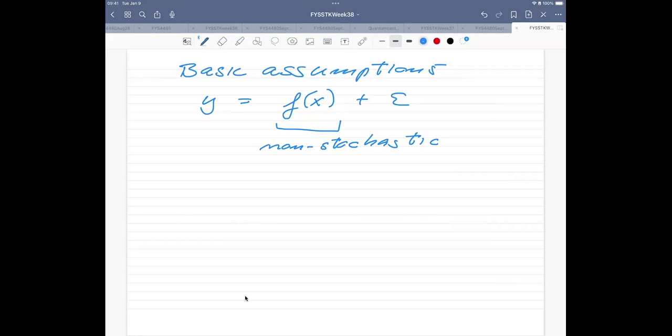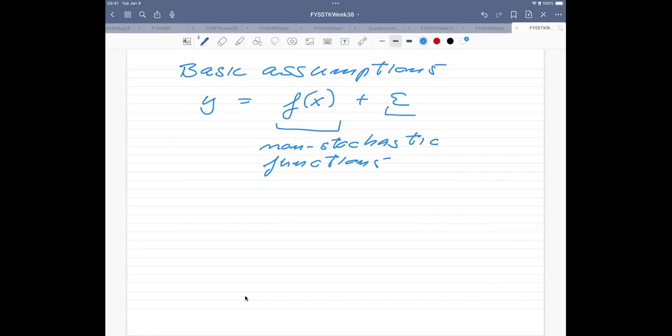Now, you will assume that time, which you have then as a variable, is not a stochastic variable because you can fix time when you make the measurement. So you simply say at that time we measure that velocity. At that time, we measure that velocity, etc., etc. So it's a general assumption to assume that this function is a non-stochastic function. So the probability distribution, if there exists one, does not affect f of x. This is going to have important consequences when we are calculating expectation values.